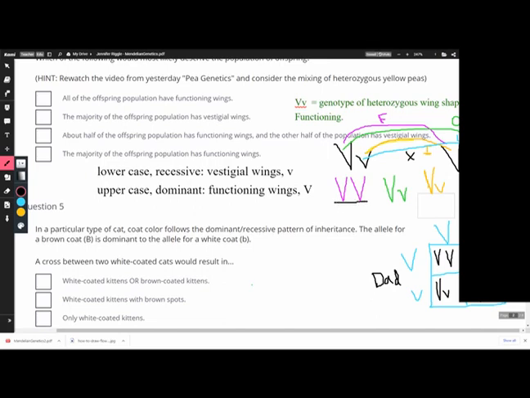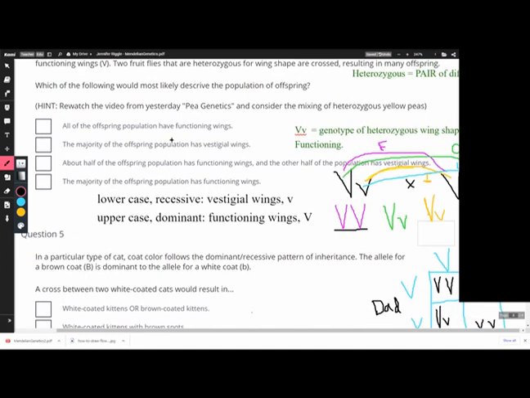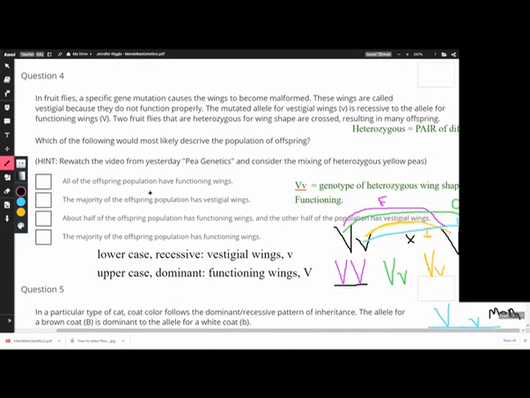Phenotype is what we can actually observe, what we actually see. So genotype is the letters. Phenotype is what those letters actually mean and do.